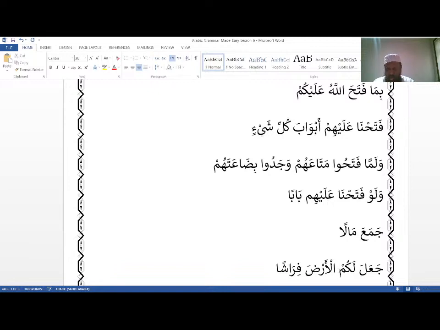So here in lakum we have one sukun, and in al we have another sukun. You cannot have two sukuns coming together. So what do we do? We put a dhamma on the meem so we can connect alif lam. That's why it's lakumul ard. Just remember this, kum is a pronoun.